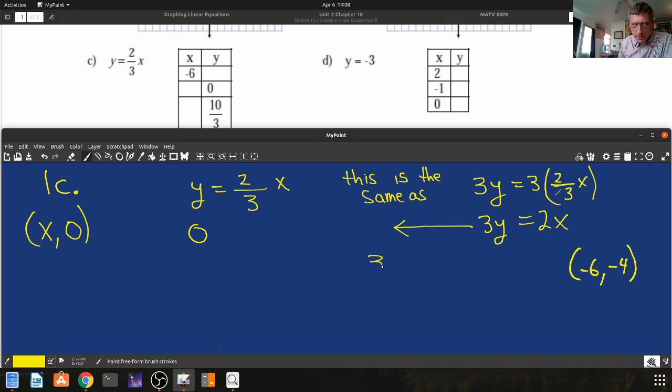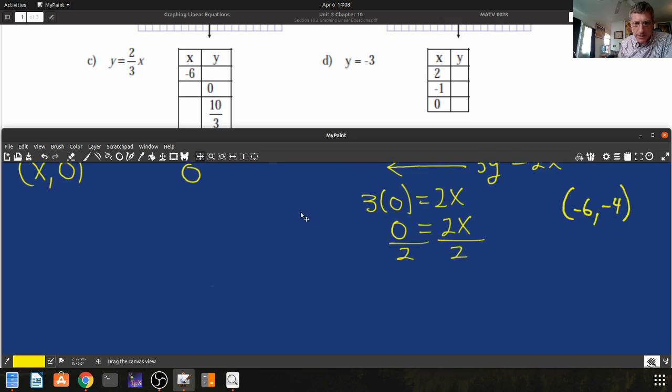So this is 3 times 0 is equal to 2x. So 3 times 0 is 0, and 0 is equal to 2x. So I'm going to divide both sides by 2. Notice I'm dividing 0 by 2. I'm not dividing by 0.